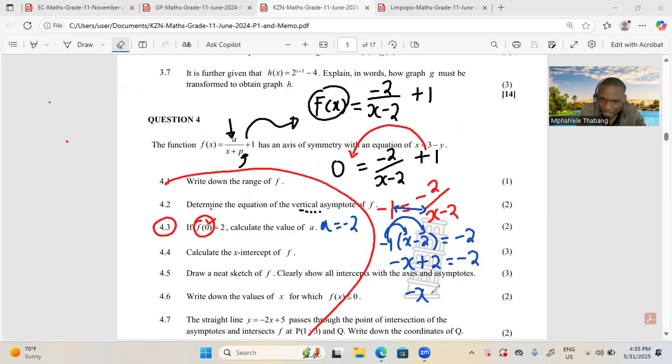Take this positive 2 to that side: minus 2, minus 2. Minus x equals minus 4. Therefore, x equals 4. This is your x-intercept. This is for 4.4. x equals 4.